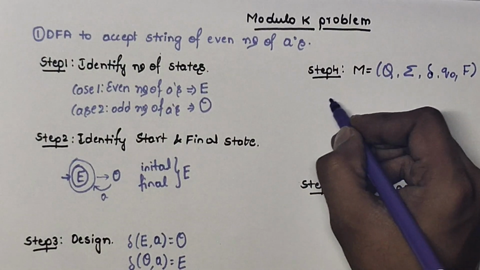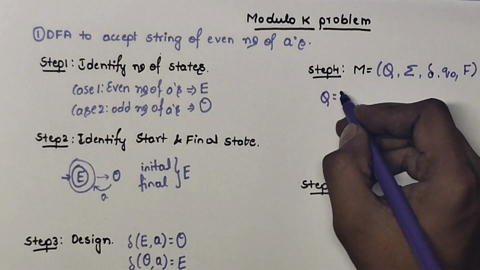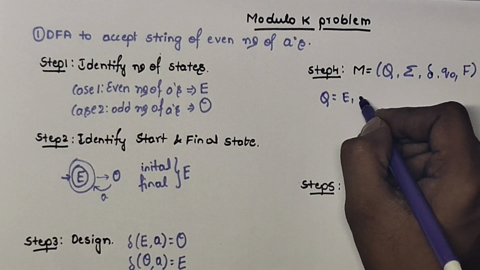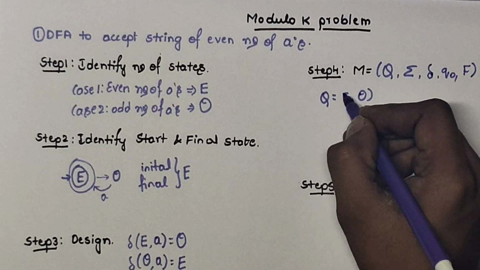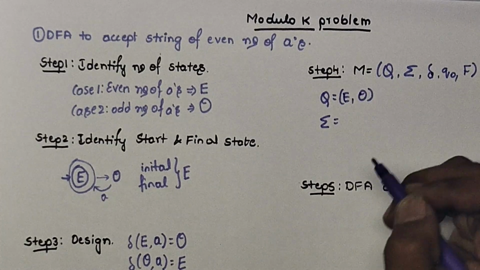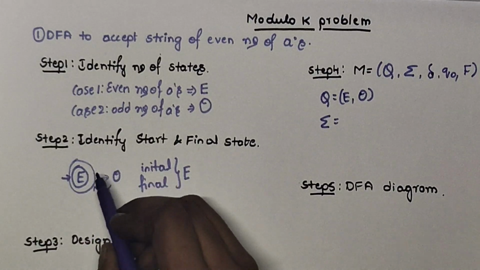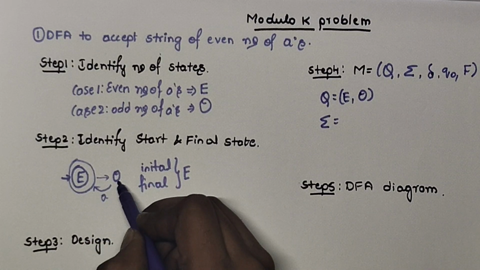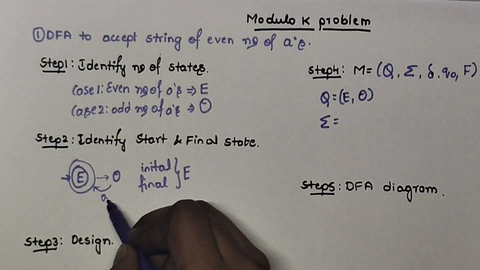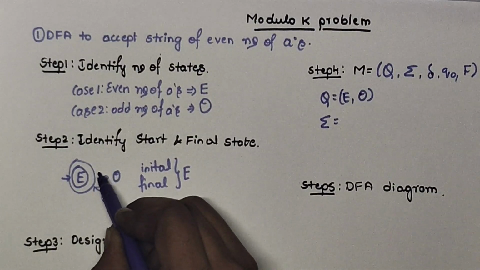Q means the states which have been used here. We are using only two states, capital letter E and capital letter O. Next, sigma means the input symbols we are using for moving from one state to another. If I want to move from odd to even, I will add one A. If I have to move from even to odd, I will add another A to that.